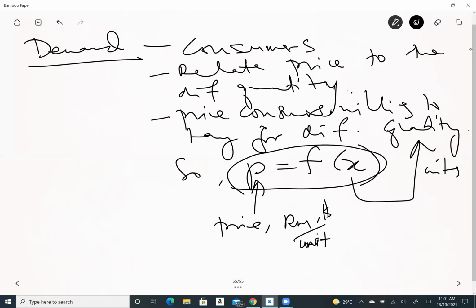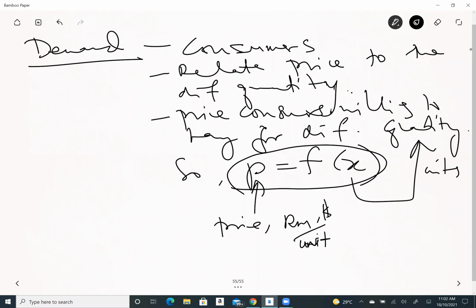Now you are a consumer. How does the price relate to the quantity for the consumer? Suppose there are so many durians in the market, too much durian, every state produces durian. What happens to the price of durian?